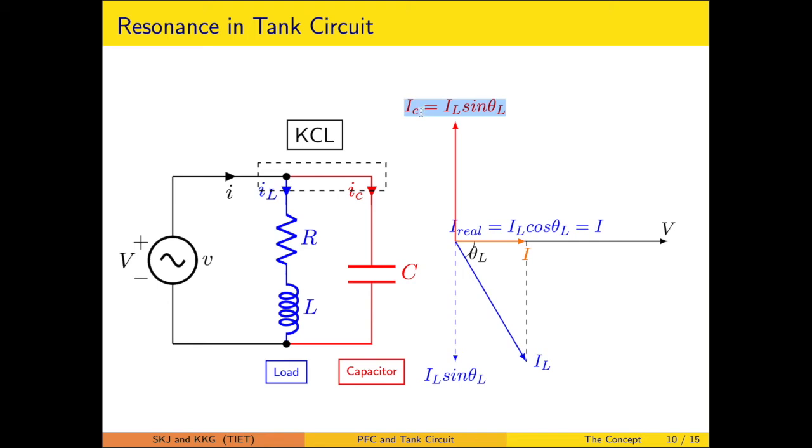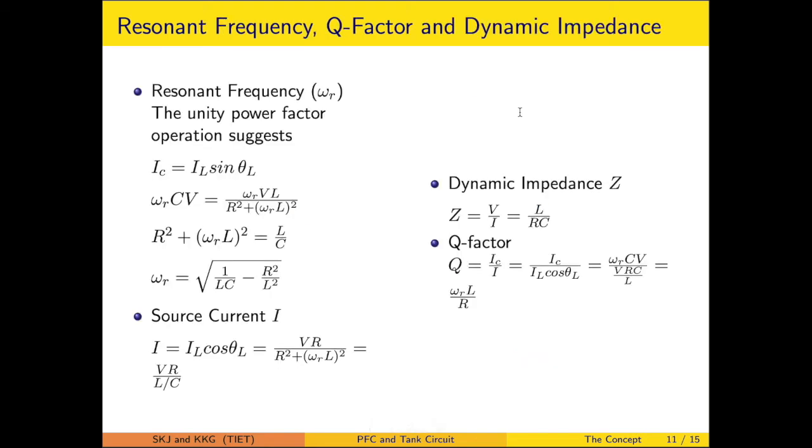So jωCV is the actual expression of the IC. Similarly, you will find the IL sin θL. So that particular is giving rise to the frequency dependency. Under the resonance condition, IC has to be equal to the IL sin θL. This will be the IC, this will be the IL sin θL expression.